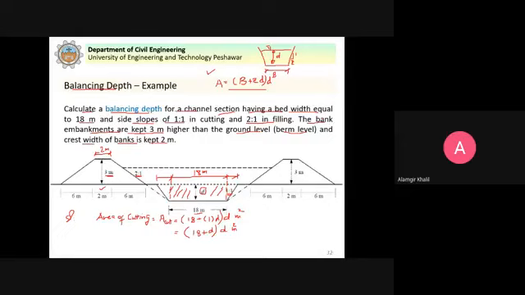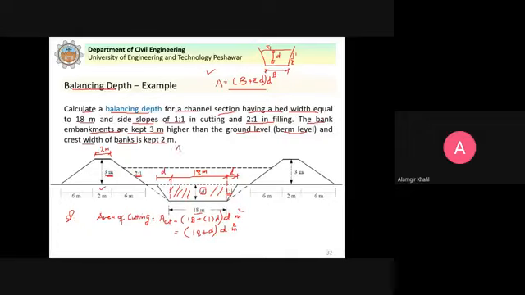Now the slope is 1 to 1, so this will be D, because the slope is 1 to 1. It means that the depth is D. This horizontal distance will also be D here. And similarly, this will be D.